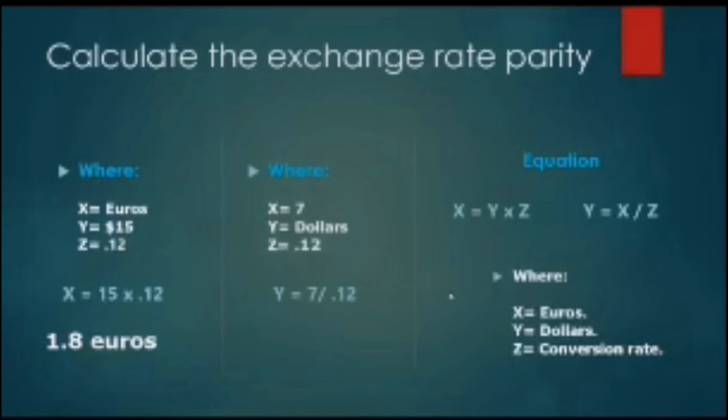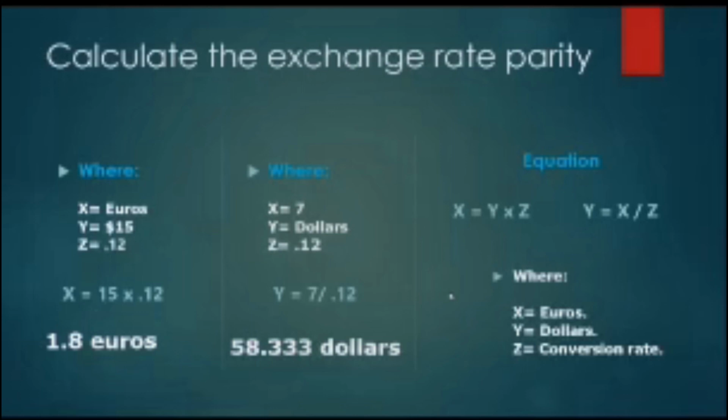So we are going to divide 7 by 0.12, bearing in mind that the conversion rate is again 0.12. So the result is going to be $58.333.